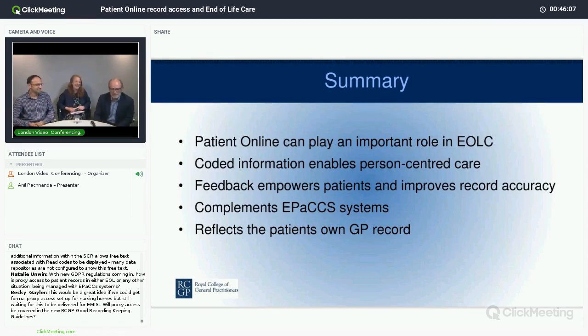I think the most important thing about access to Patient Online is that the patients are requesting access and giving consent to proxy access.